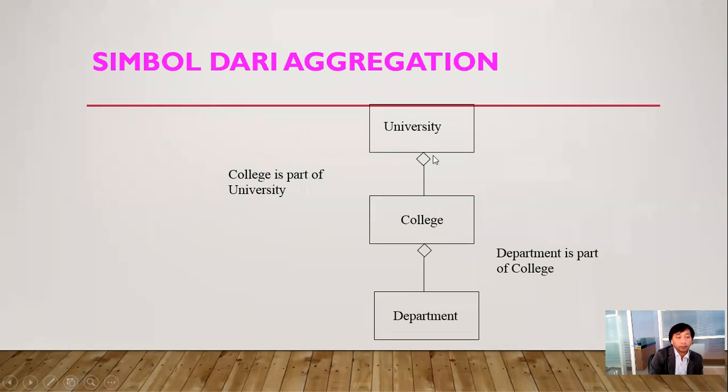So the diamond position will be determined regarding which is becoming the parent and which object is becoming the child.